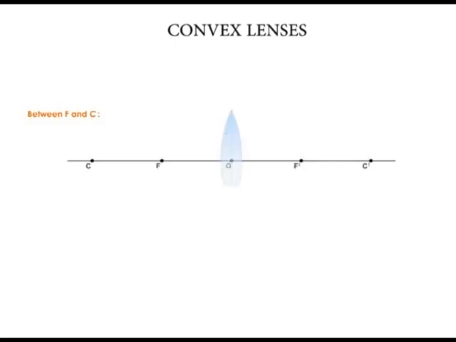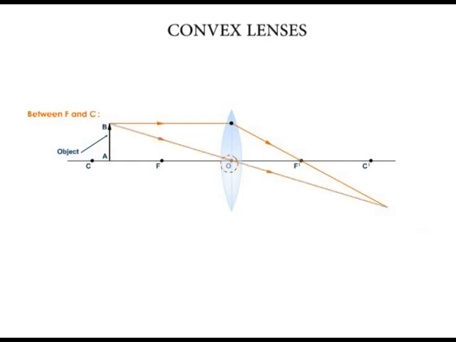Next is an object positioned between F and C. First is a ray of light parallel to the principal axis; after refraction it passes through F. Next is a ray through the optical center which proceeds undeviated.